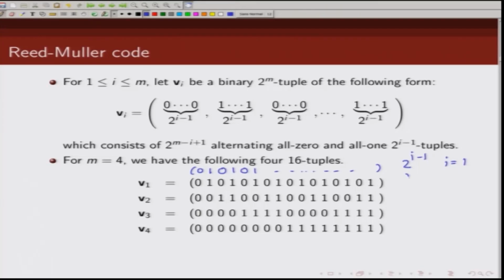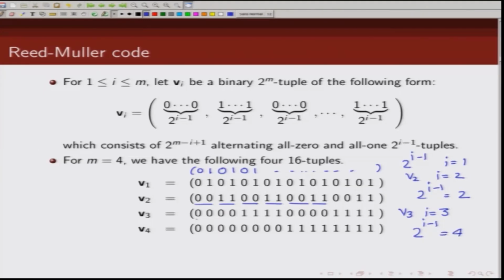Now, what is V2? For V2, i is 2, so 2 raised to i minus 1 would be 2. So, we should have a run of 2 zeros followed by a run of 2 ones, zeros repeated twice, ones repeated twice, and you continue up to block size of 16. What about V3? In this case i is 3, so 2 raised to i minus 1 would be 4.